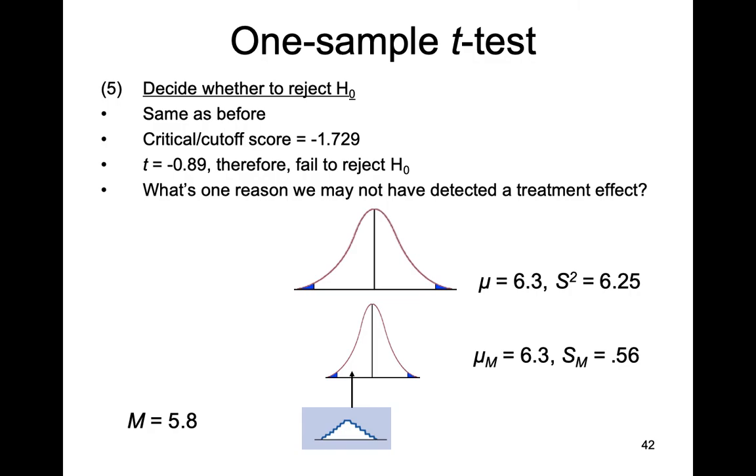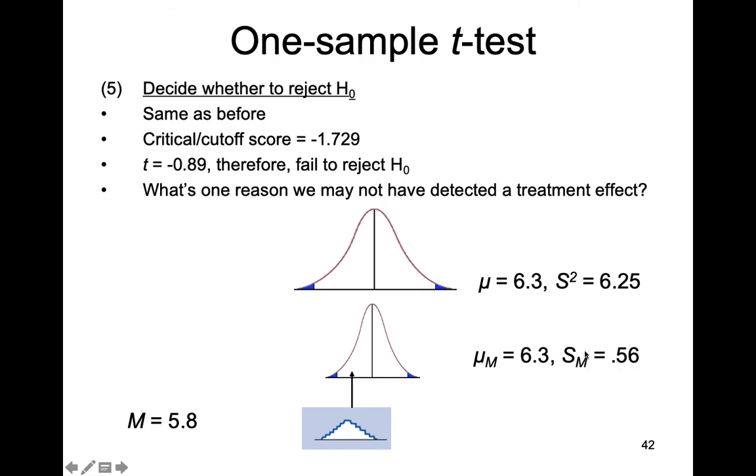What's another reason? Well, our treatment could be effective, but we had a small sample. So if instead of having 20 people, we had 200 people, that would really change what our distribution of means would look like. Think about the influence on standard error.